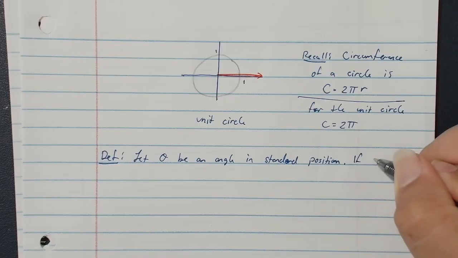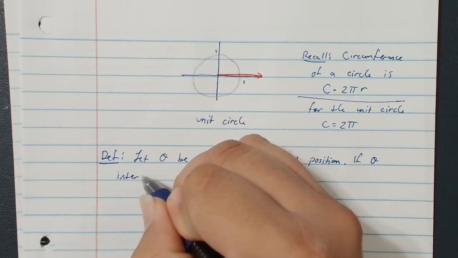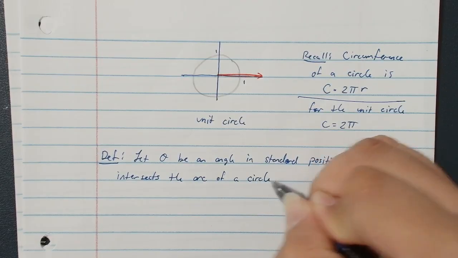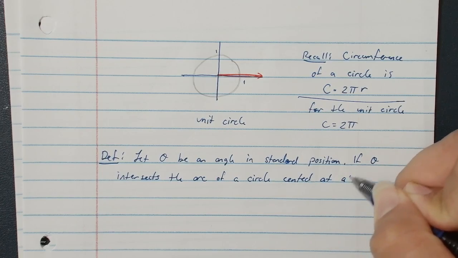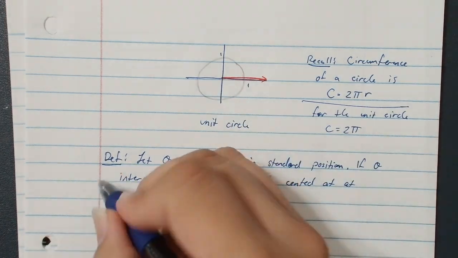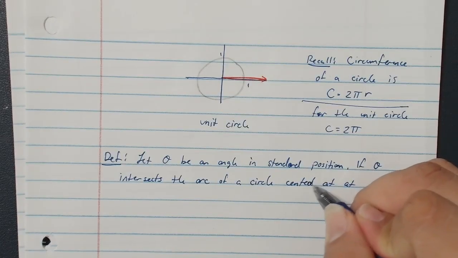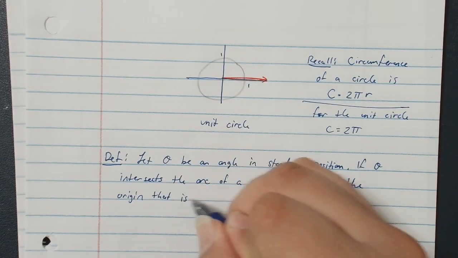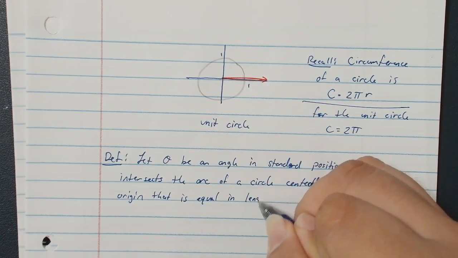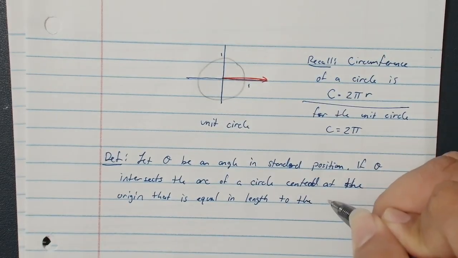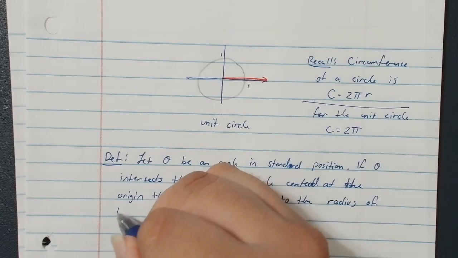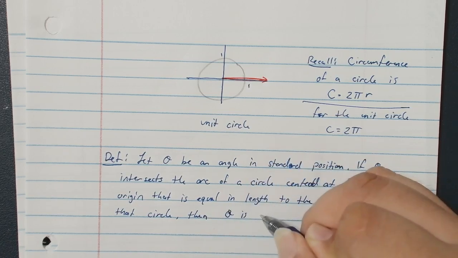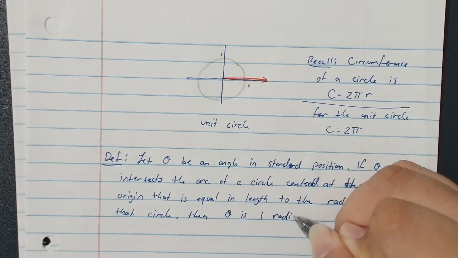If theta intersects the arc of a circle centered at the origin, like this one is here, we have a circle whose center is at the origin, centered at the origin, that is equal in length to the radius of that circle, then we say theta is exactly 1 radian in measure.